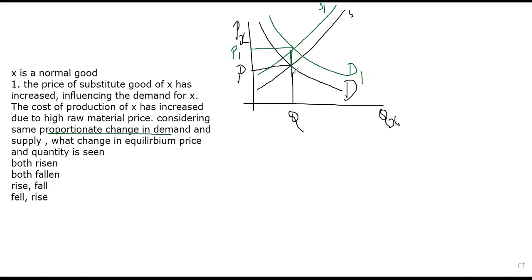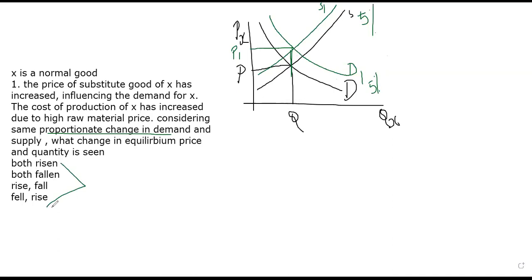Equilibrium quantity remains the same. Demand is increasing in the same proportion as the fall in supply. Demand has increased at the rate of 5% and supply has fallen at the rate of 5%, meaning you can expect an increase in the price, but there will be no change in quantity. That is the main reason why I have not mentioned it in the options.